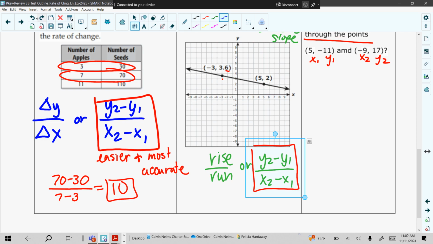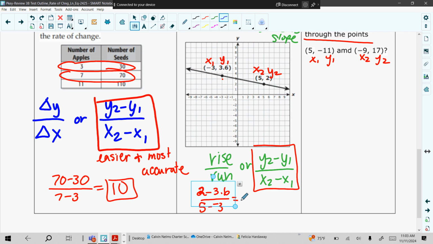Using negative 3 as your x1 and 3.6 as your y1. 5 as your x2 and 2 as your y2. So let's try to use the formula right now and let's see if you get the answer. Hopefully we have 2 minus the 3.6 on the top of our ratio and 5 minus a negative 3.